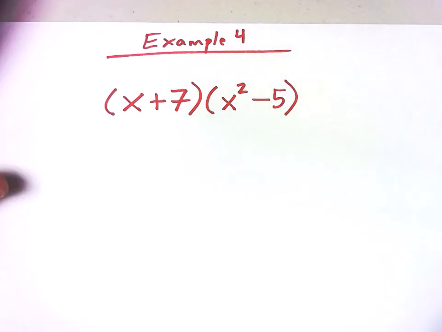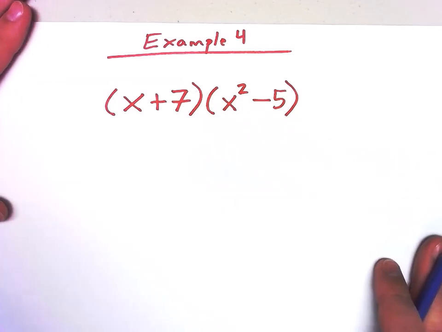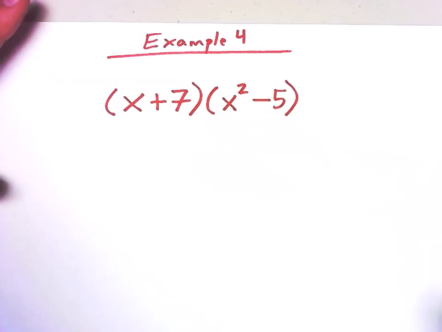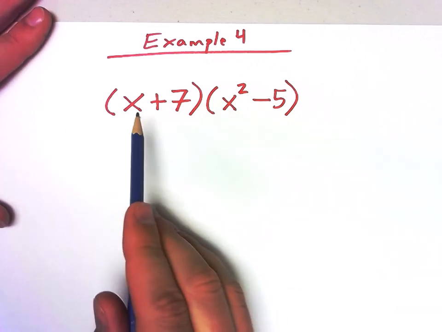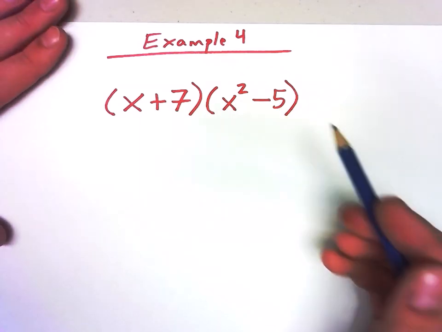But now let's move on to multiplying polynomials together, which technically a monomial, a one-term polynomial, is technically a polynomial, but we're going to talk about this one, for instance, a binomial times a binomial.